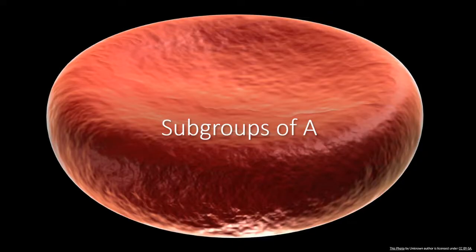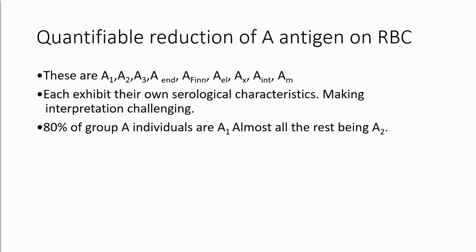So now we are going to examine some of the subgroups of A which are caused by a dysfunctional transferase enzyme gene and results in quantifiable reduction in A antigen levels. Similarly, blood group B has subgroups. The subgroups of A are A1, A2, A3, and AN, AFIN, AL, AX, AIT, and AM.